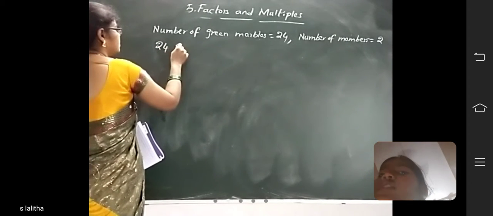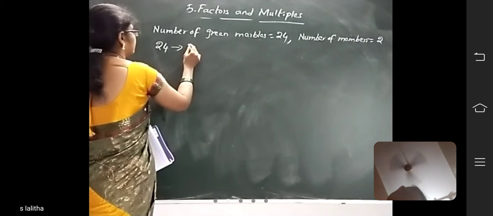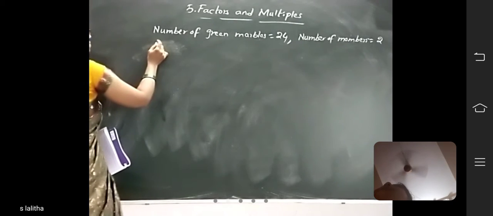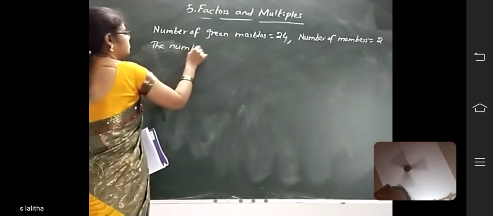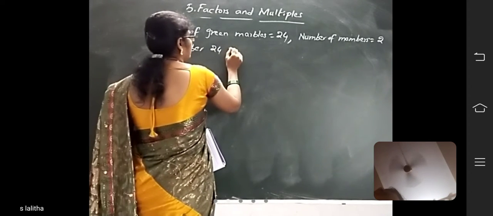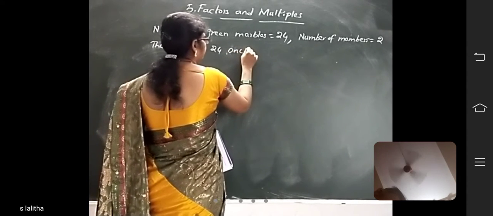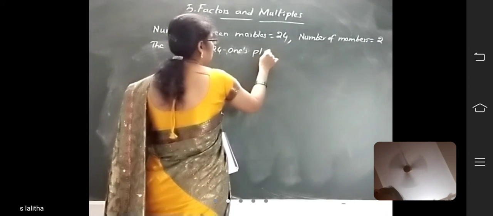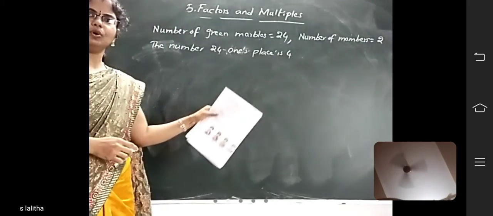Now the number 24, ones place is 4. So 4 is divisible by 2.